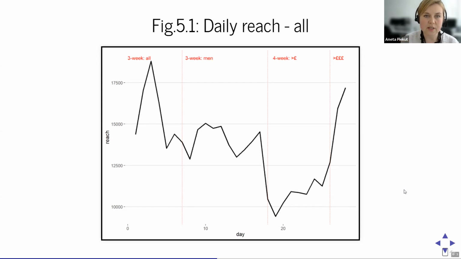So this is a daily reach. We can see that the reach dropped significantly in stage 3, because probably we extended the campaign, and that's why the statistics went down for this. But it picked up again when we added much more budget in stage 4.